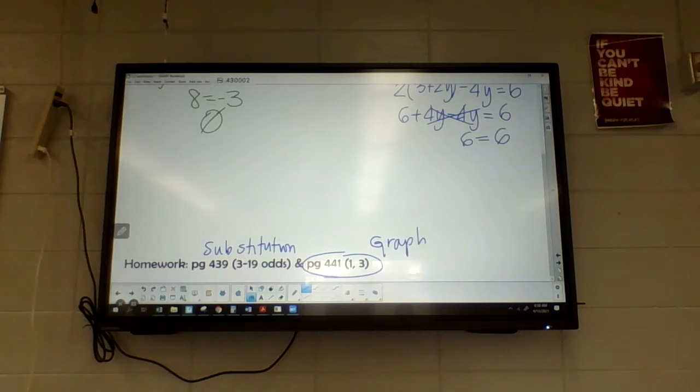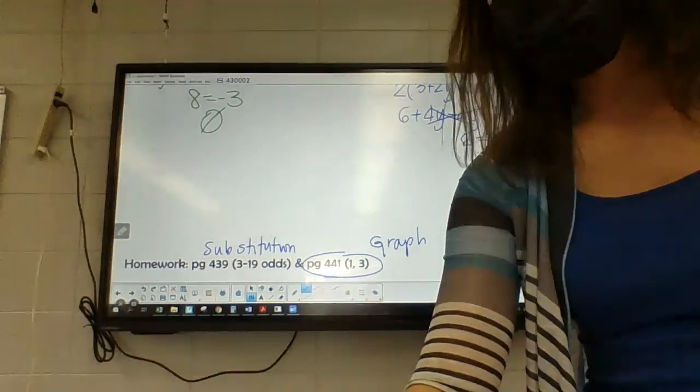The directions say that, so hopefully you guys can follow that. Again, I have graph paper up here if you guys need it. Again, you only need 2 little squares of graph paper.